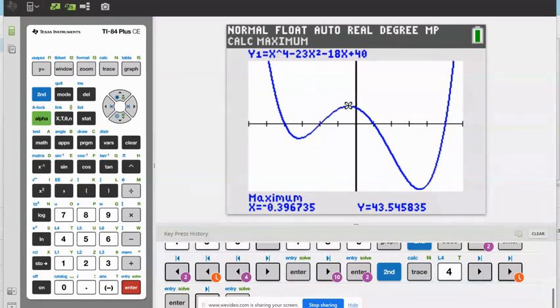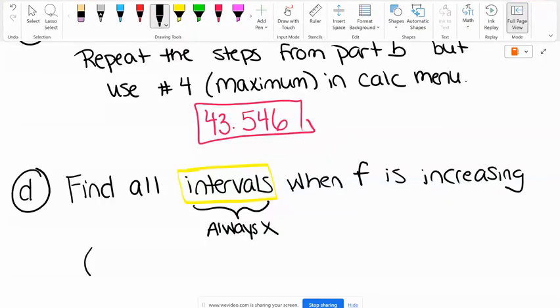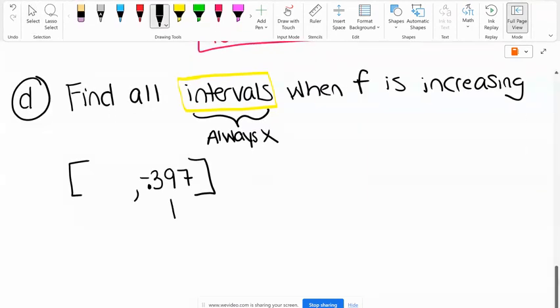So we know we are increasing on the closed interval, meaning square brackets, and it was negative 0.397. And this was the x value from the maximum point.